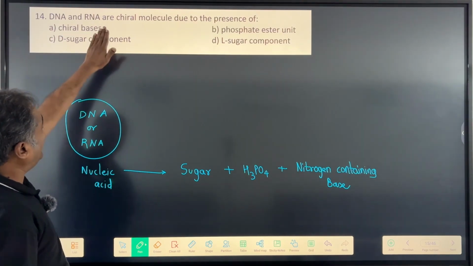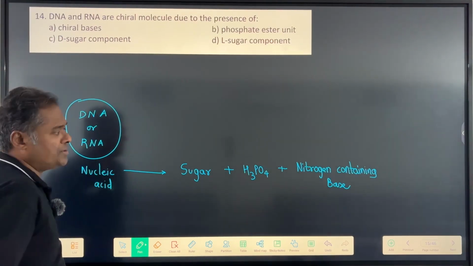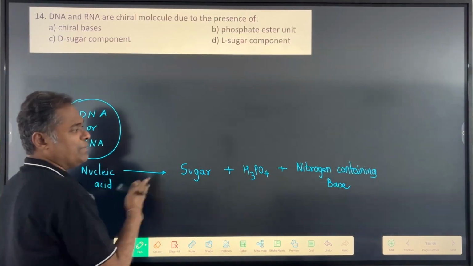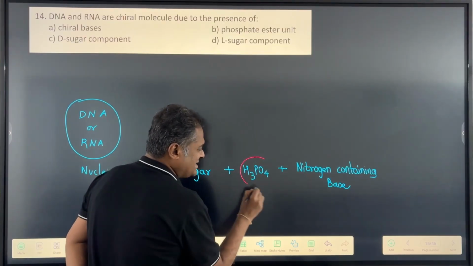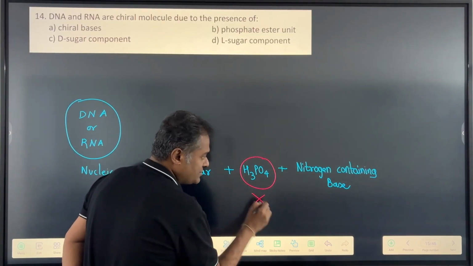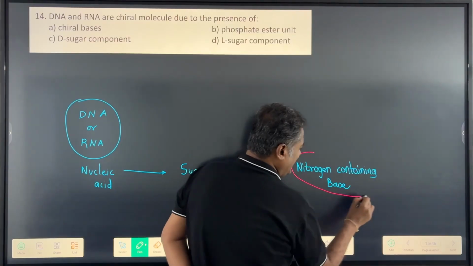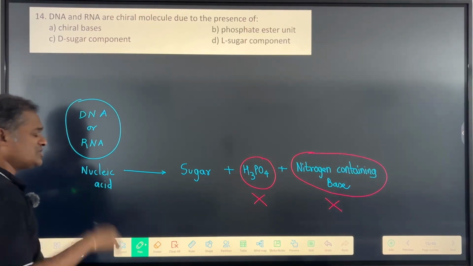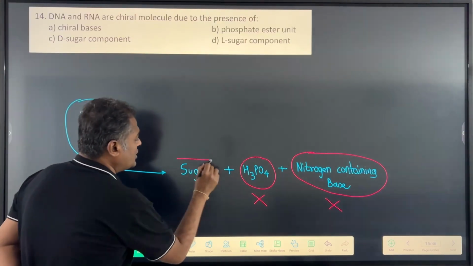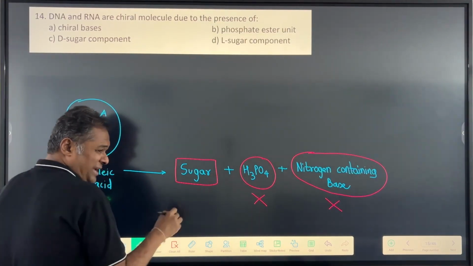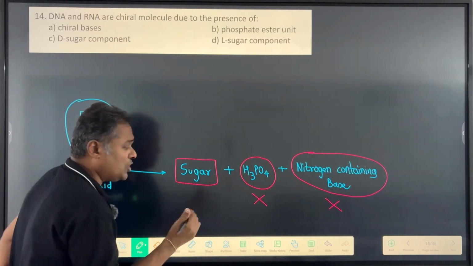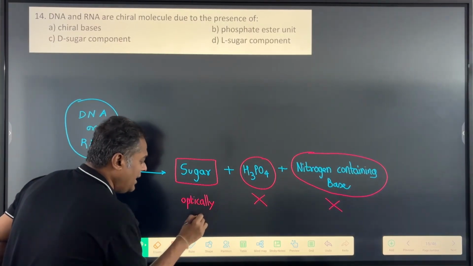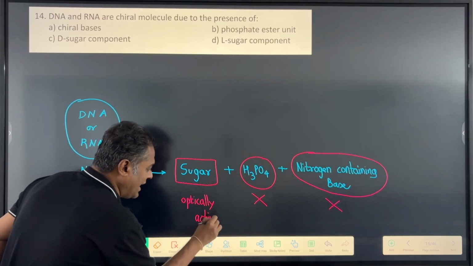Now, what has been mentioned? DNA and RNA are chiral molecules due to presence of what? Now, when you talk about chiral, nucleic acid is made up of 3 things. Phosphoric acid is not chiral in nature. Even the nitrogen bases what we have with us are also not chiral. So, the part which makes this nucleic acid chiral is the sugar unit, because carbohydrates, which are sugars, are optically active and hence they are chiral in nature.